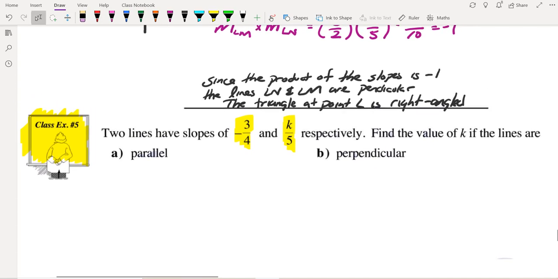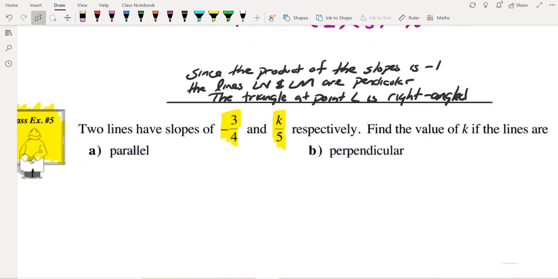And we want to determine the value of k such that the two lines become parallel. Then do the same question again. And what value does k need to be so that the two lines are perpendicular? Right? So we simply need to apply our two definitions and then figure out the value of k.